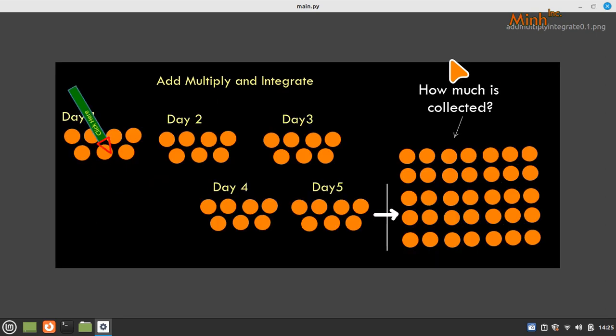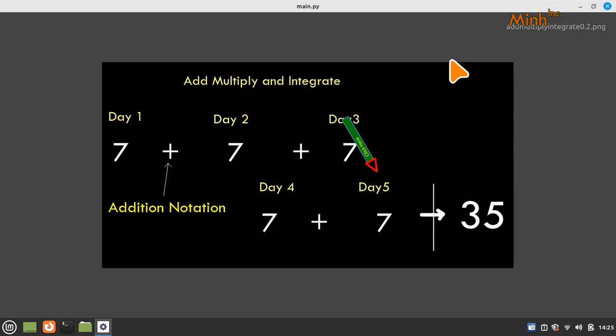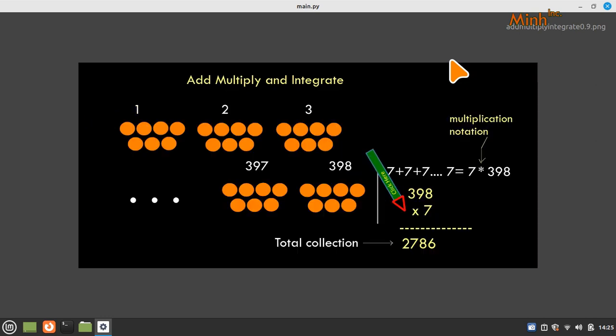Like if the collection of balls is 7 every day, after 5 days it is collected this much. So 7 plus 7, okay, so that comes to 35.